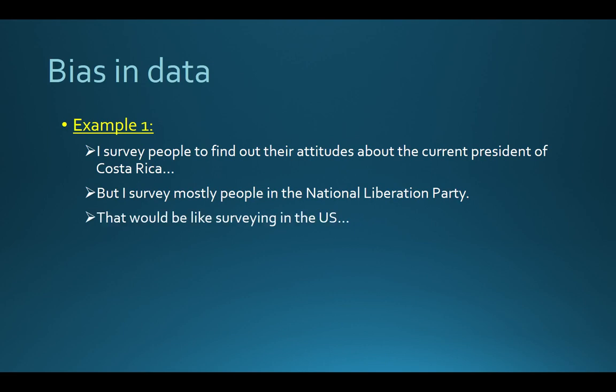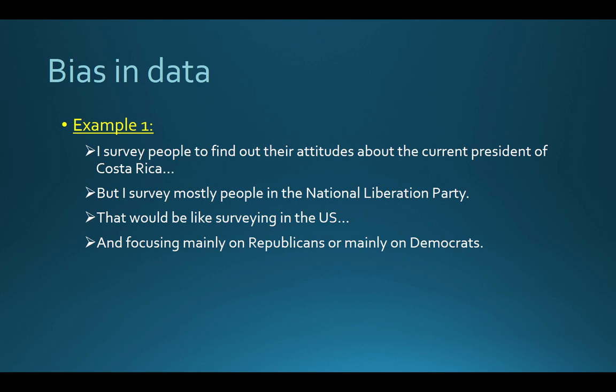That would be like being in the United States and focusing mainly on just Republicans or mainly just on Democrats, right? So if I survey people that are mostly in the National Liberation Party, that would be like me not randomly drawing a sample from the US, but somehow getting a sample from people who are mainly Republicans.